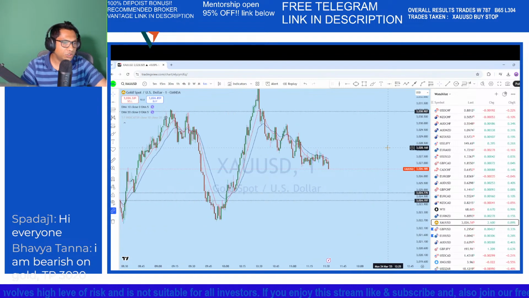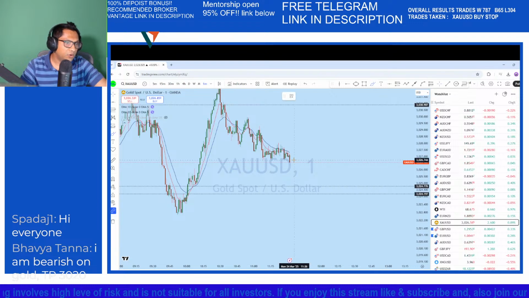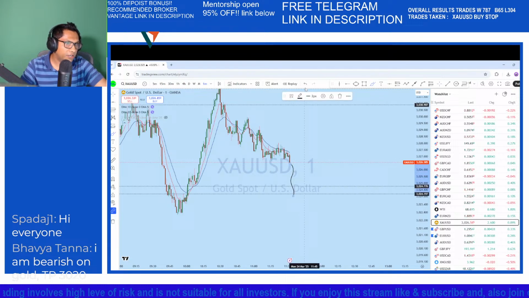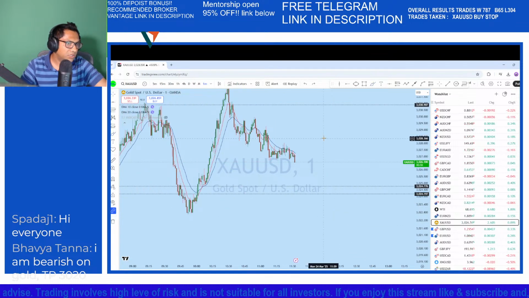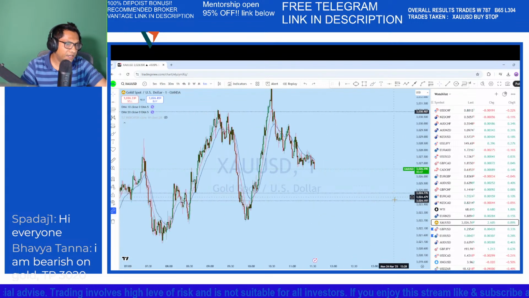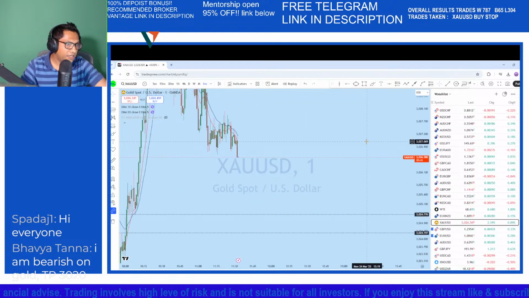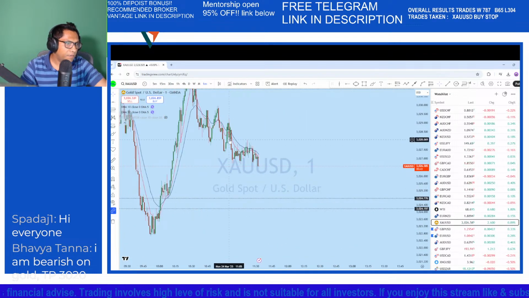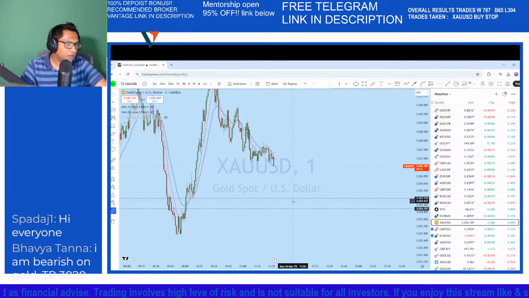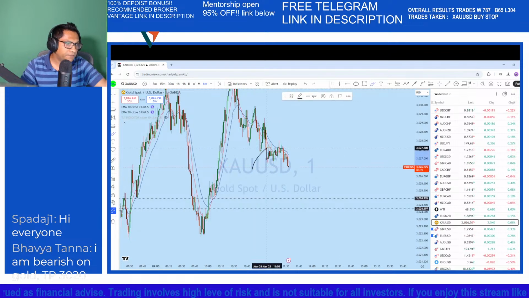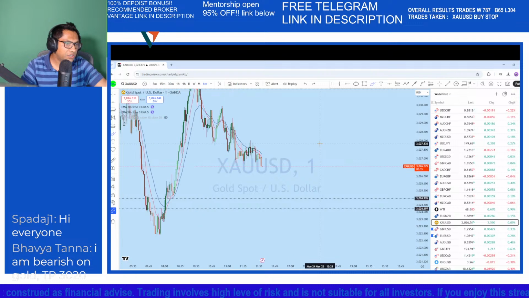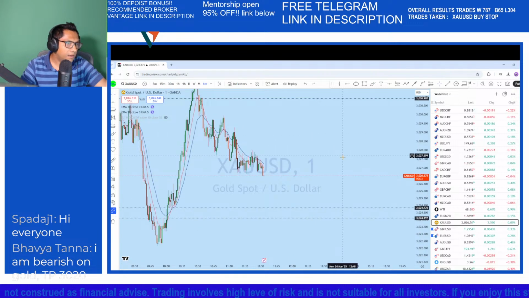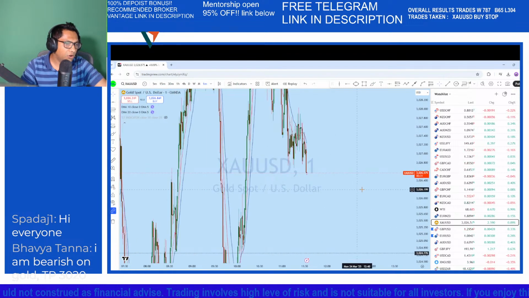This is an important level of support here. We expect the market to come here, grab the liquidity, and then potentially bounce back to the upside. Here you can see a structure formation, and there is a bearish engulfer.